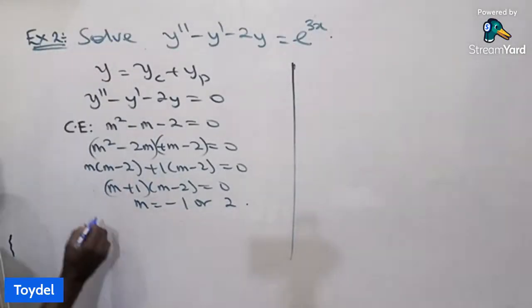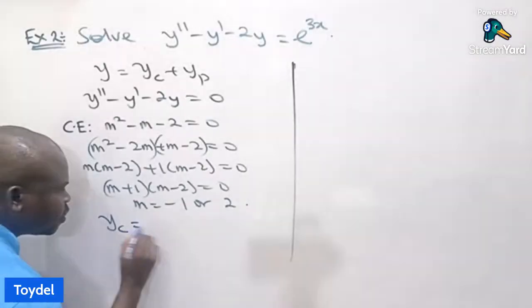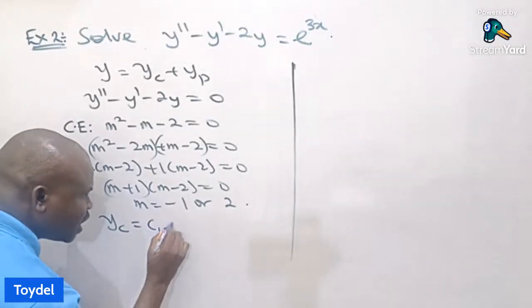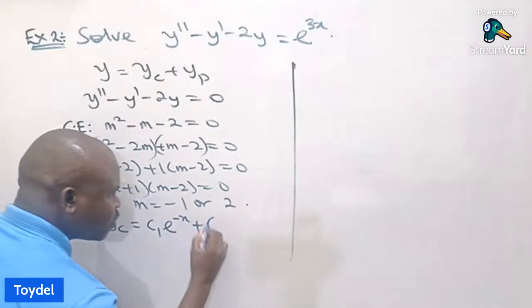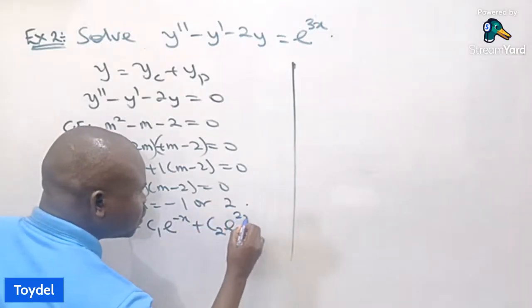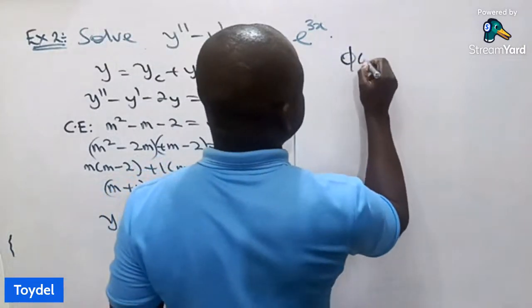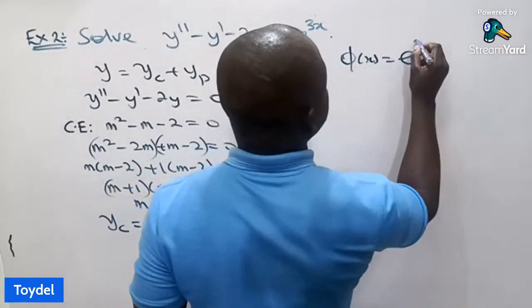So the complementary solution yc will now be equal to what? C1, or any constant, C1 exponential minus x plus C2 exponential 2x. That will be the complementary solution. So once we know the value of the complementary solution, we can go ahead and find the particular solution. That is here, phi of x, the right hand side, is equal to exponential 3x.